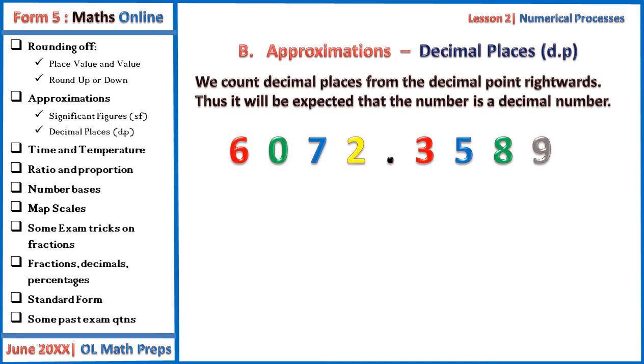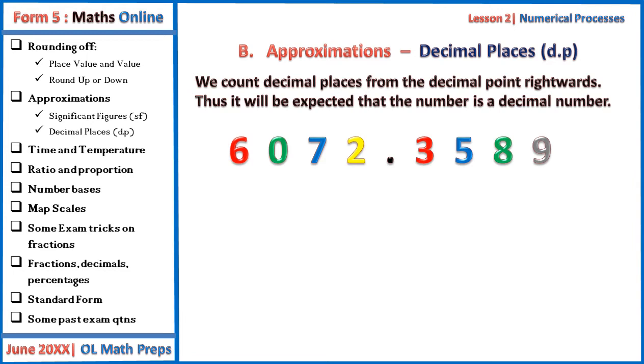Now we can equally look at decimal places. We count decimal places from the decimal point or the decimal marker rightwards. Thus, it will be expected that the number is a decimal number.